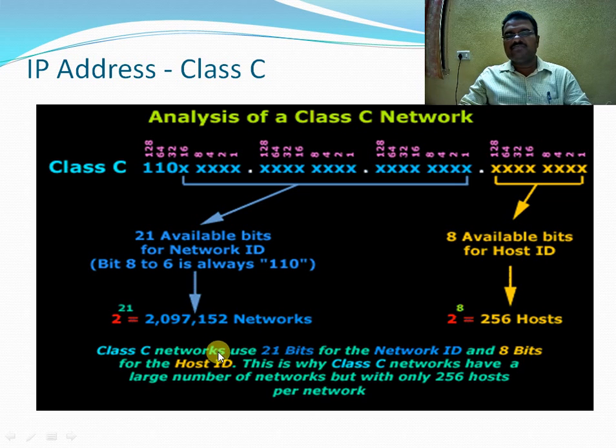So class C networks use 21 bits for the network ID and 8 bits for the host ID. This is why class C networks have a large number of networks, but only 256 hosts per network. So this is about the class C IP addressing scheme.